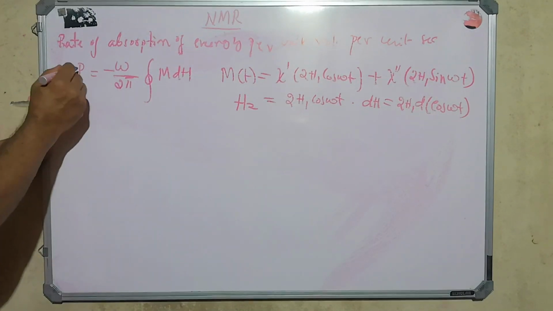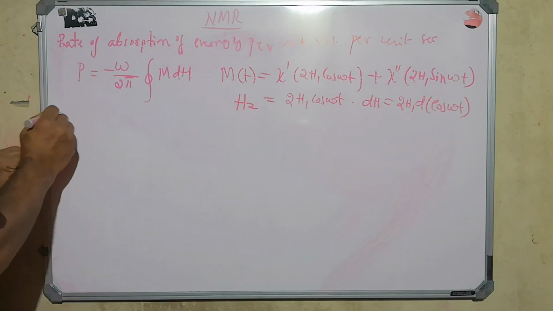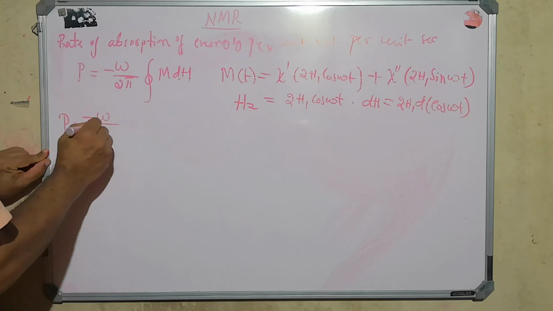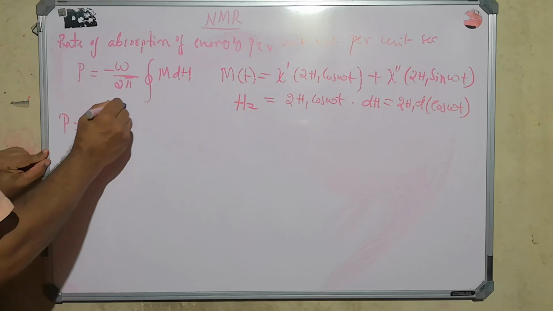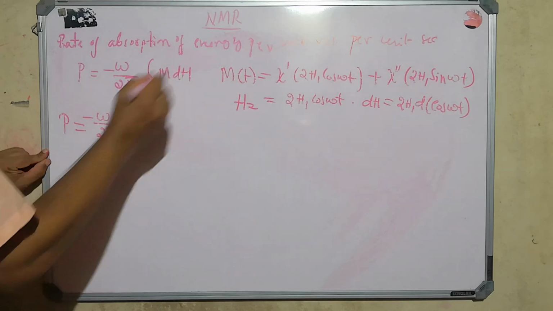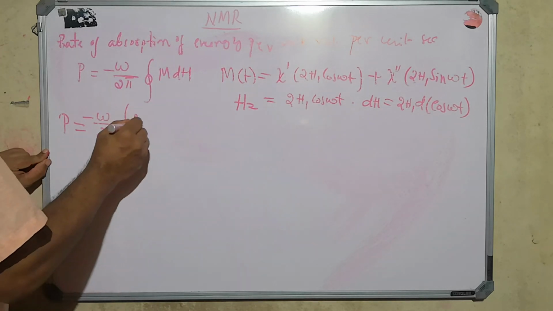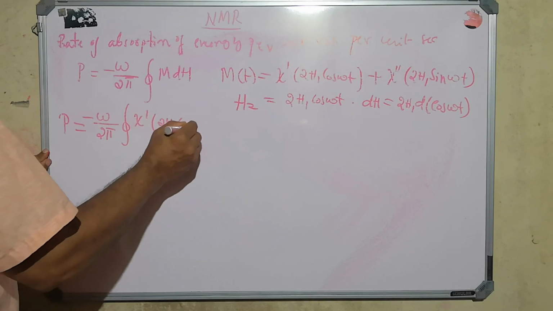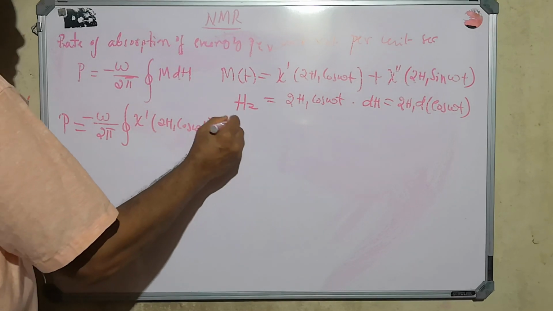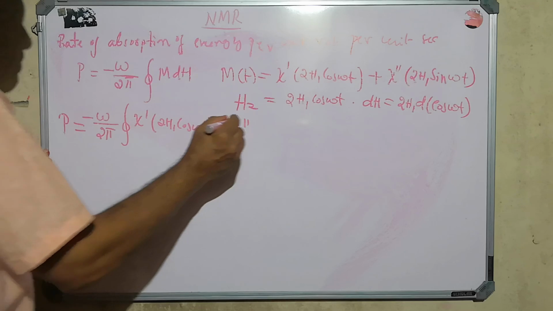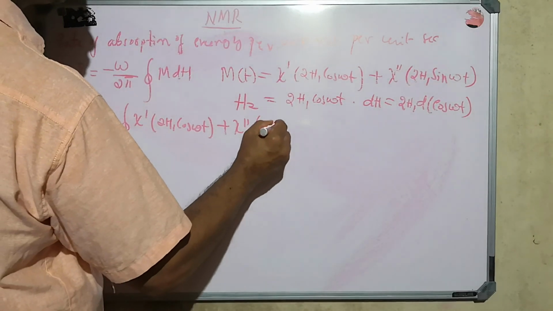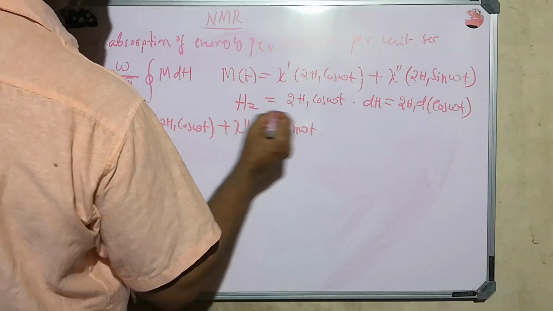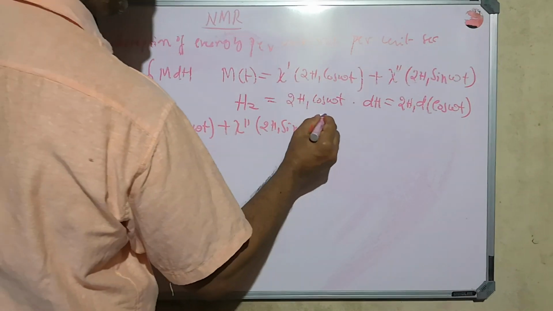So therefore, rate of absorption of energy P is equal to minus omega divided by 2 pi integral, substitute the value chi dash into 2h1 cos omega t plus chi double dash into 2h1 sin omega t into dH.